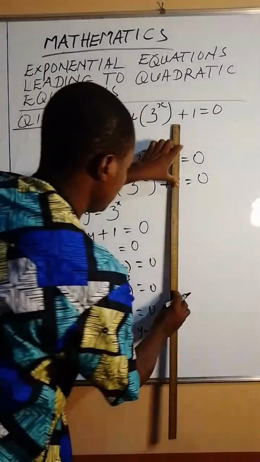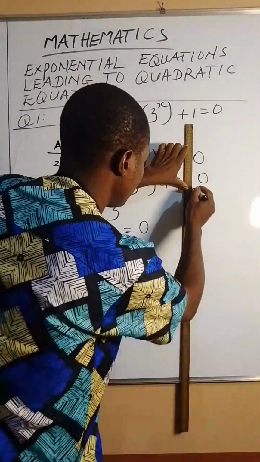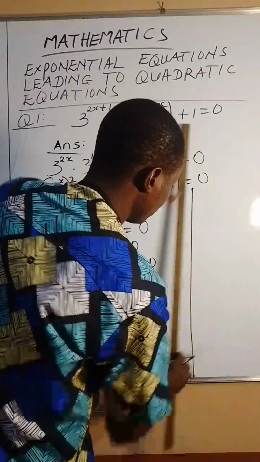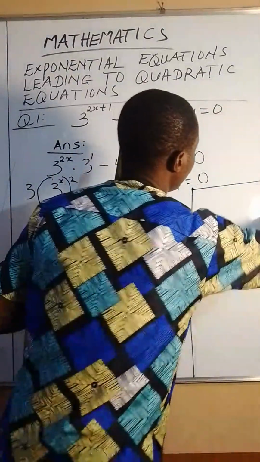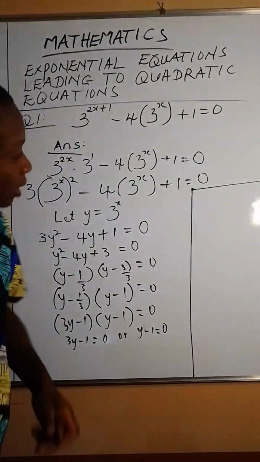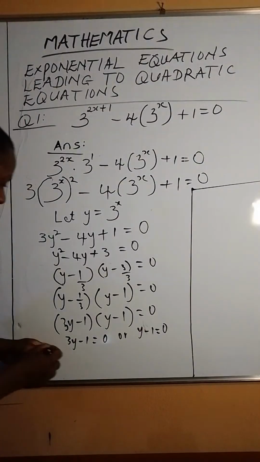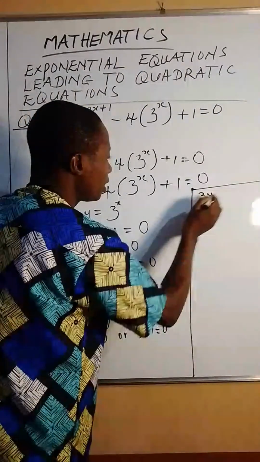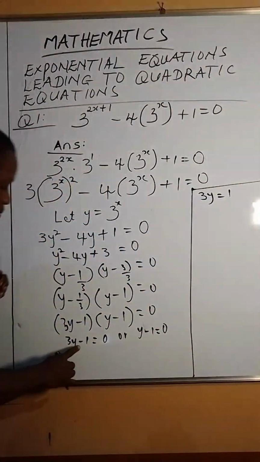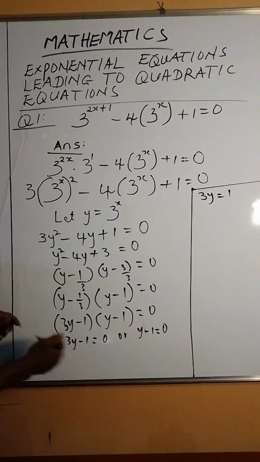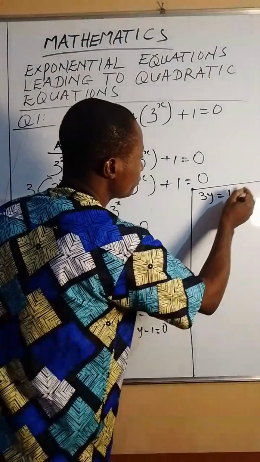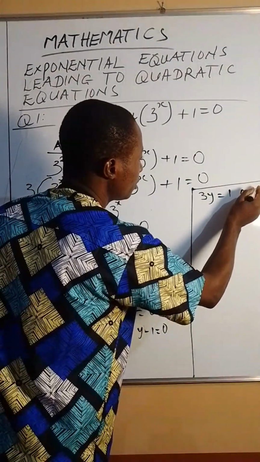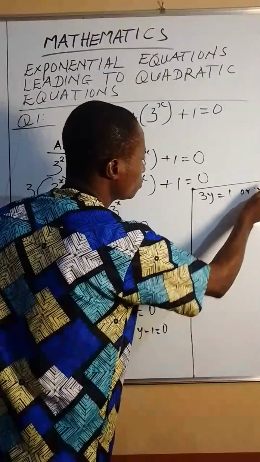Okay, let me demarcate this place for better understanding. Let's solve along this line. So here we have our 3y. 3y is now equal to 1. When we transfer minus 1 to the other side, it becomes 1. Or we can have y equals 1.